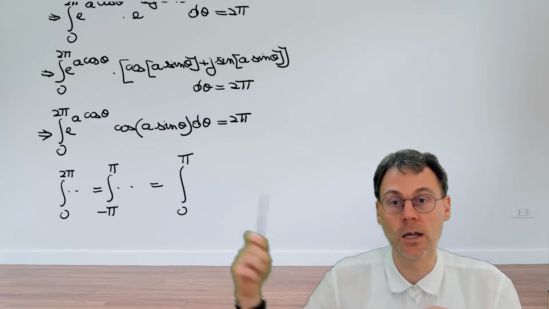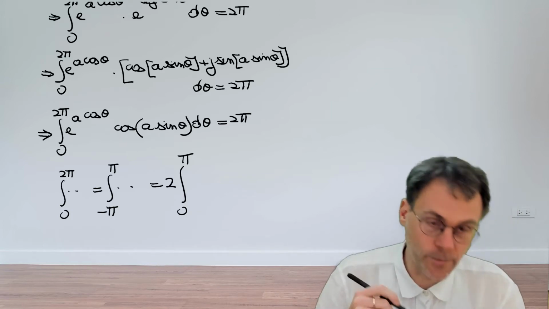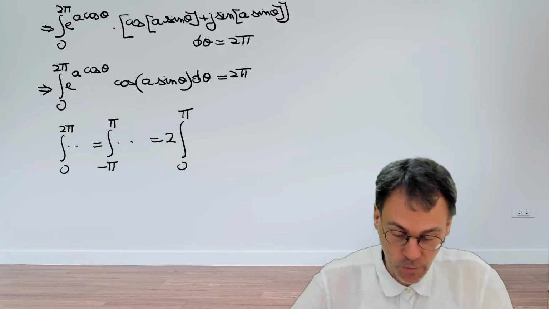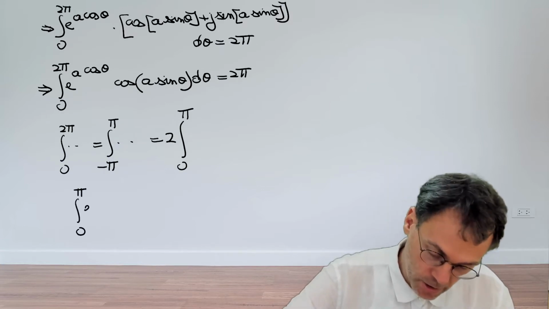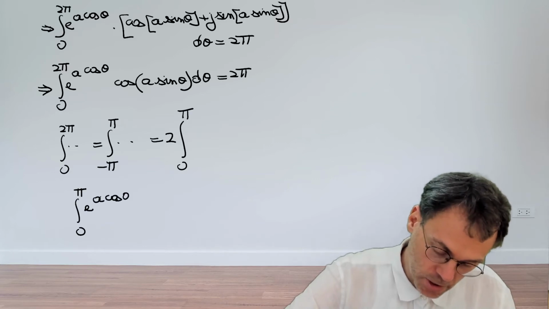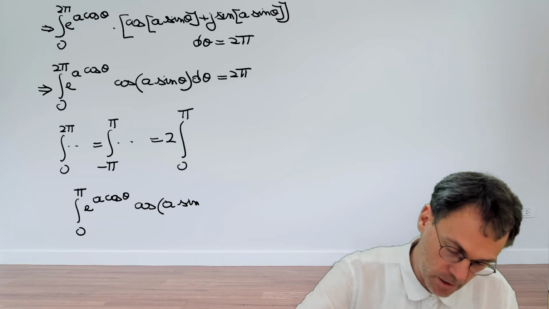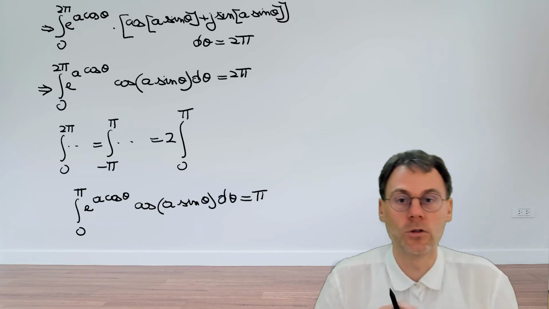So therefore, the integral from minus pi to pi is 2 times the integral from 0 to pi. And that's exactly what we needed to show, namely that the integral from 0 to pi of e to the a cosine theta times cosine of a sine theta d theta is equal to pi.